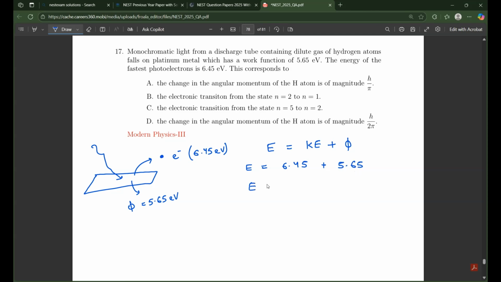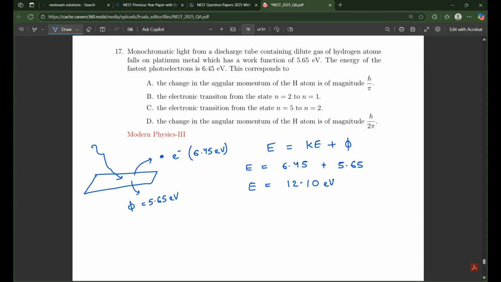That means that the incident energy is equal to 12.1 electron volt. Now, this corresponds to which of these following options?